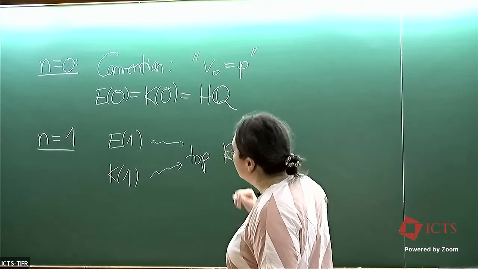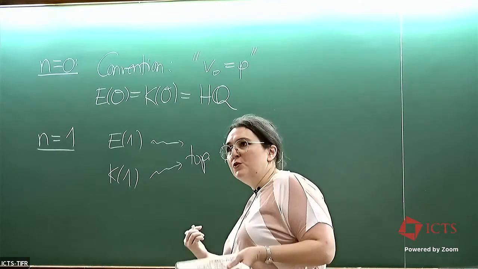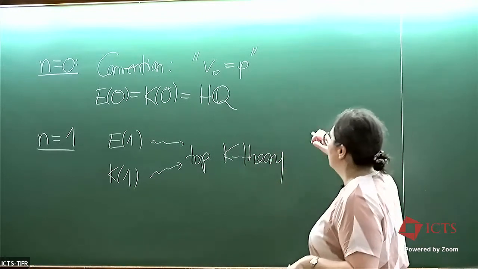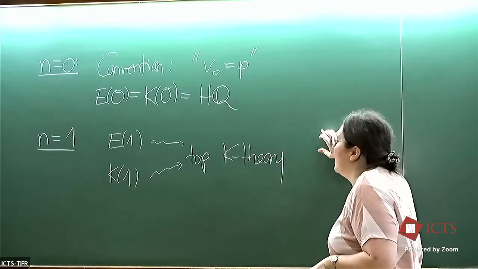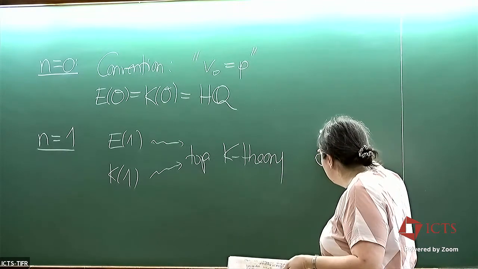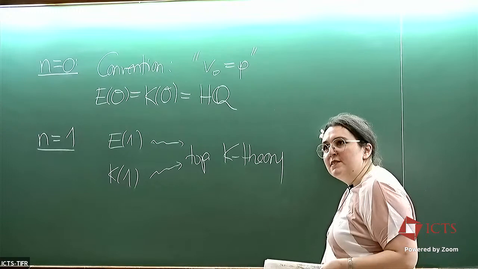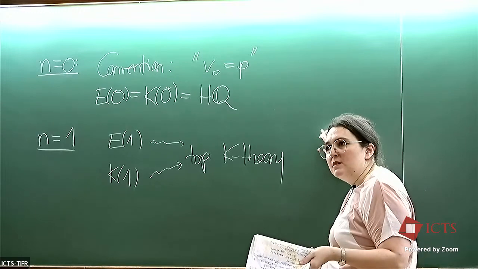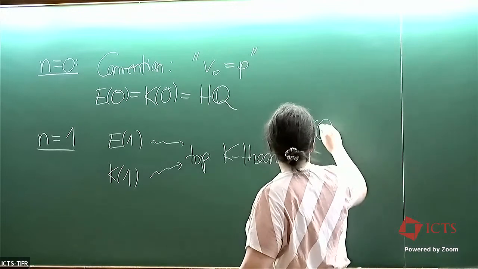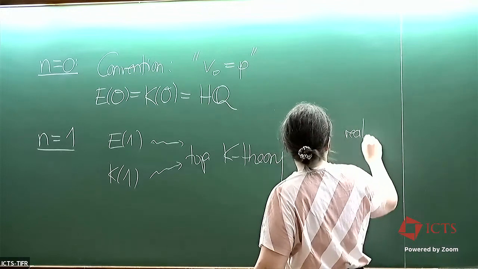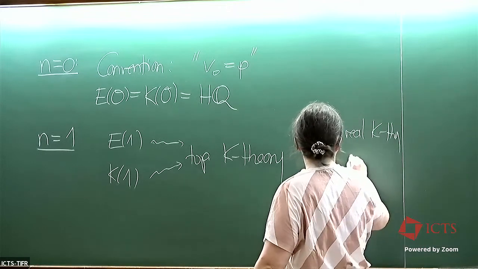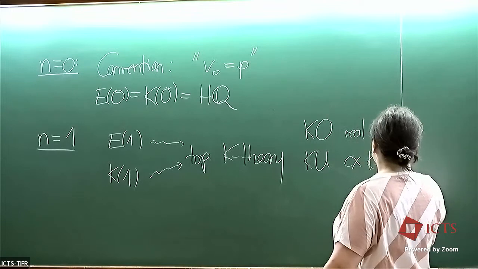K-theory has a representing spectrum, and we're going to use that representing spectrum. However, when I say K-theory has a representing spectrum, there are already two kinds of it, namely you can look at real vector bundles or you can look at complex vector bundles. So there is KO, which is real K-theory, and there's KU, which is complex K-theory.